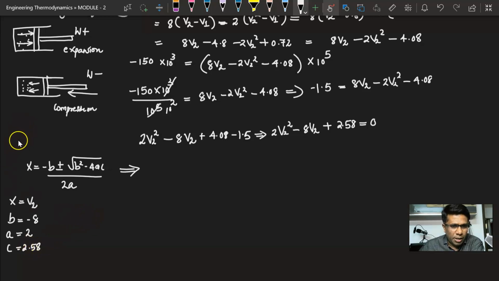Because a quadratic equation is ax square plus bx plus c equal to 0. That is the solution of a quadratic equation.